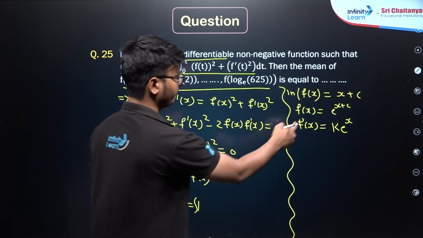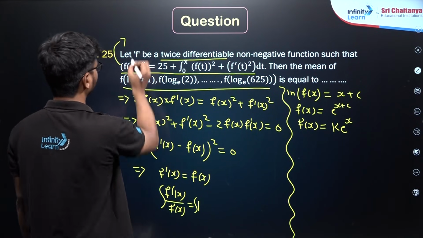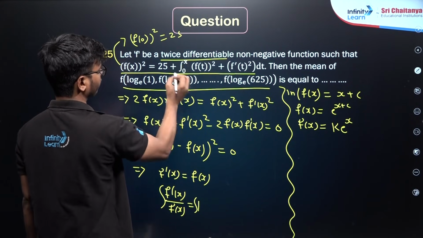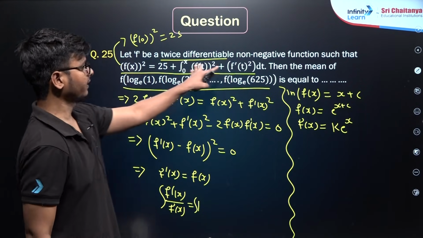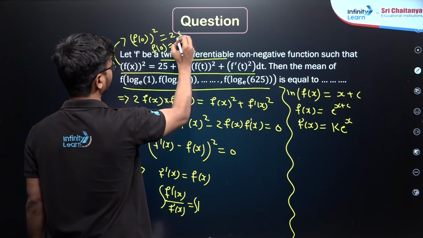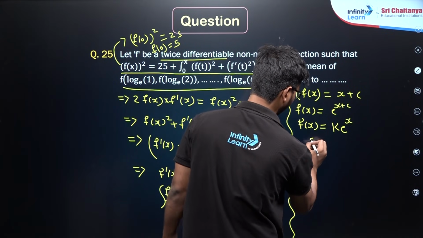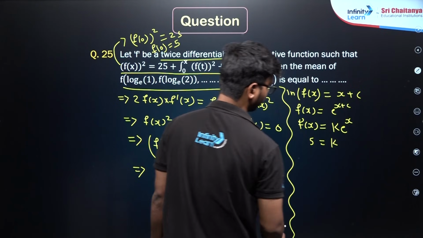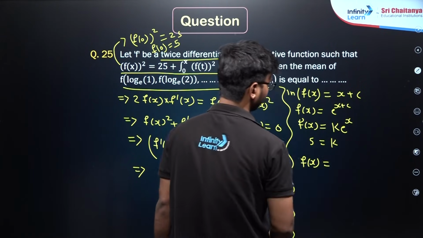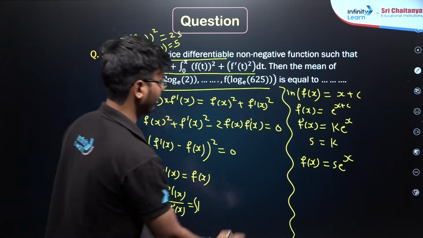Now to find the value of k, the constant, if I put f of 0 in the question, f of 0 the whole square, I am going to get 25, because the limit will be 0, this part is going to be 0, we are left with 25. So the value of f of 0 is 5. Here f of 0 is 5 and e to the power 0 is 1, so the value of k is 5. So f of x equals 5 times e to the power x. This is the final function that we are getting.